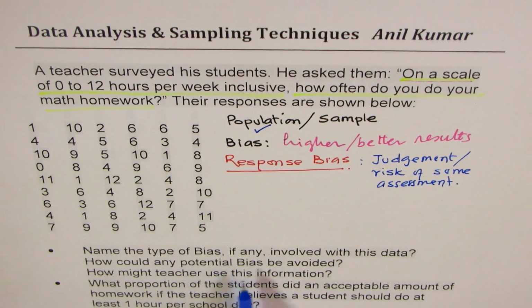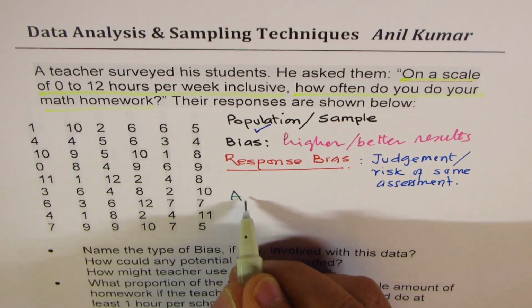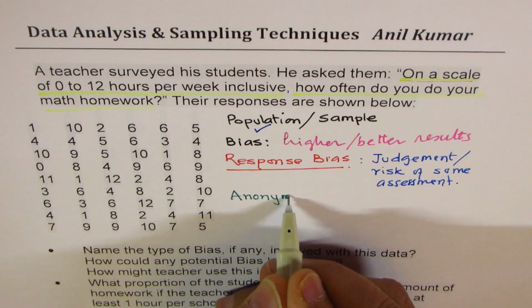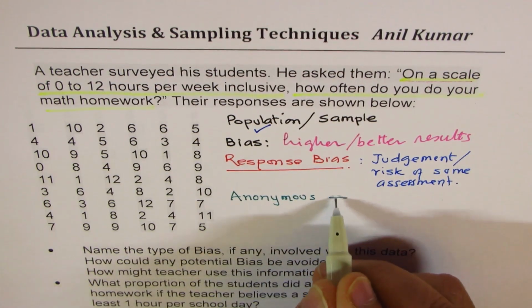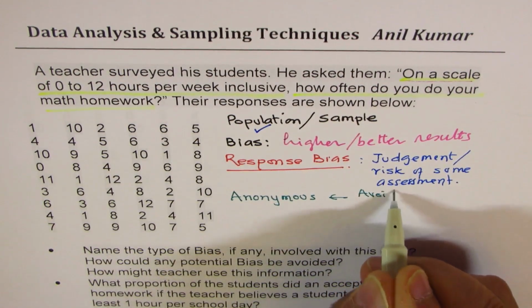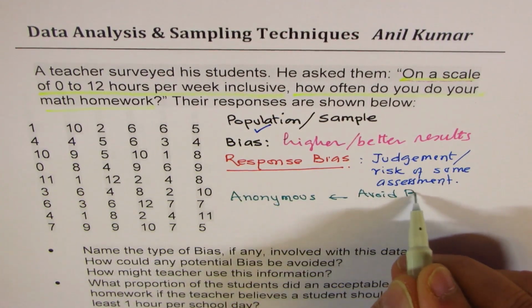How could any potential bias be avoided? A very easy way to avoid this is to make it anonymous, right? So let them not speak out, but just put in slips without their names, right? Then we can avoid the bias.